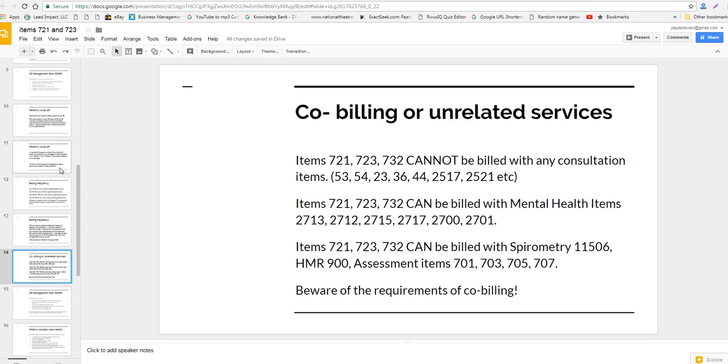For example, poor compliance, or some uncertainty that the patient is coming back regularly or as regularly as you want. So it has to be unrelated, and there has to be a reason why you do those two items together today, without waiting, without doing it another time.